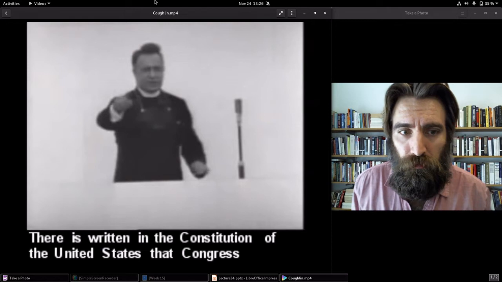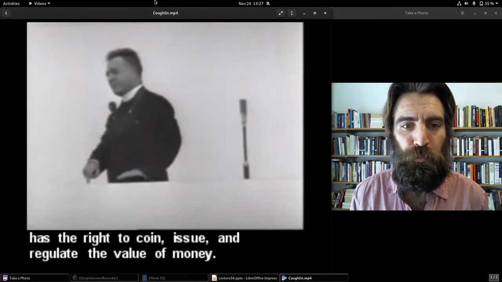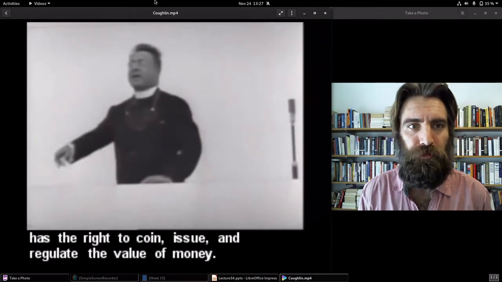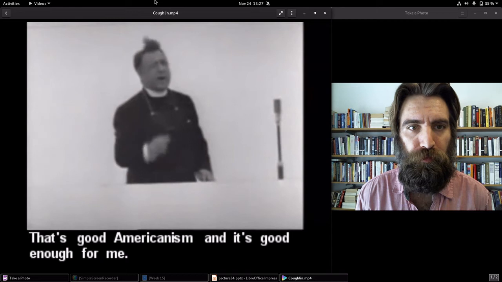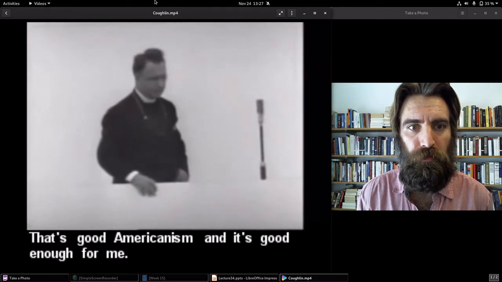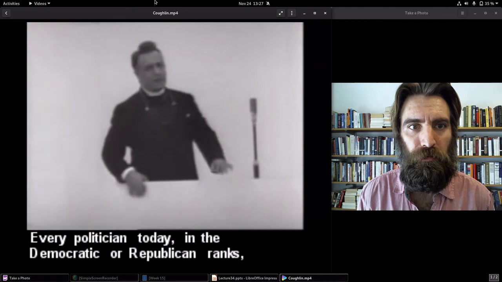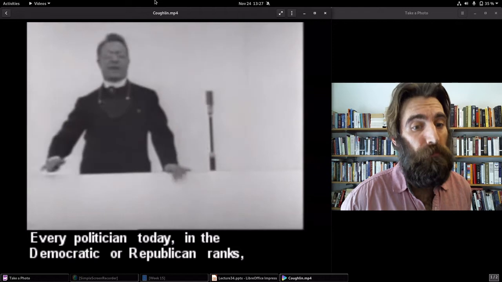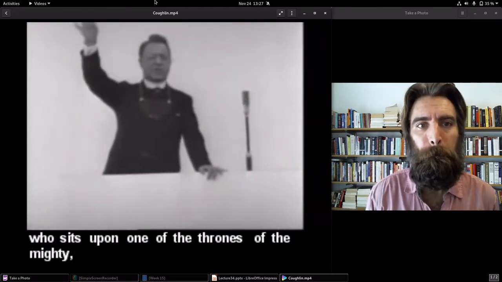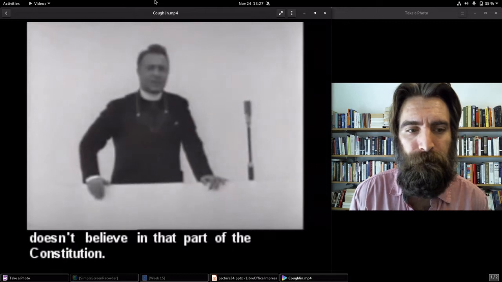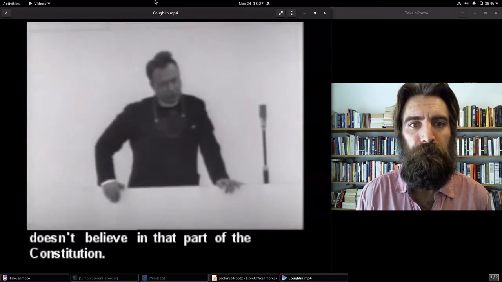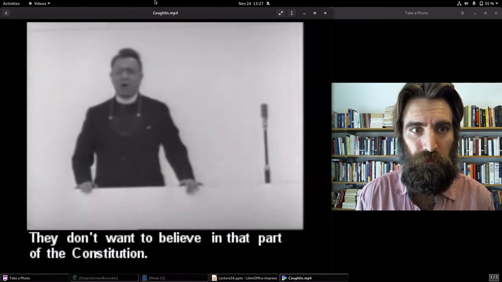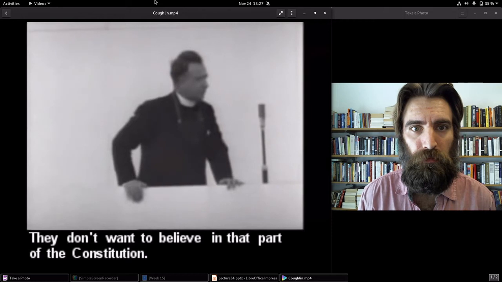There is written in the Constitution of the United States that Congress has the right to coin, issue, and regulate the value of money. That's good Americanism, and it's good enough for me. Every politician today, in the Democratic or Republican rank, who sits upon one of the thrones of the mighty, doesn't believe in that part of the Constitution. They don't want to believe in that part of the Constitution.